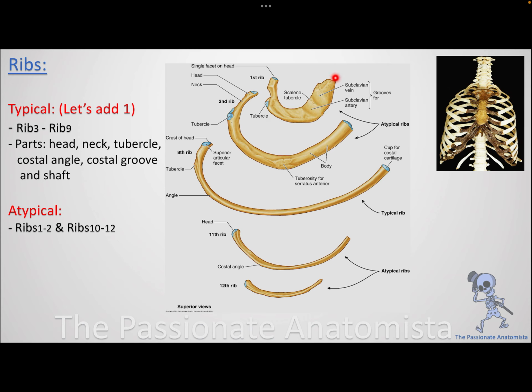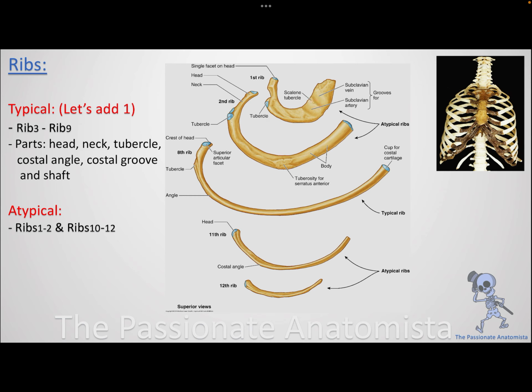So if this is the part that's going to articulate with the sternum, it means this is the anterior part of my rib. So if I have impression on the top of the first rib, that will be for the subclavian vein and followed by subclavian artery. And in between them, I have a tubercle for the attachment of the scalenus anterior muscle.